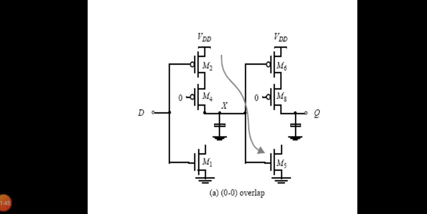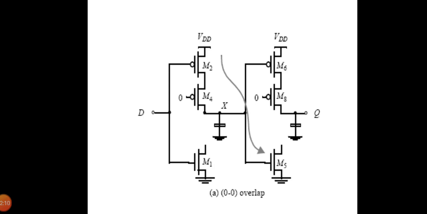In sum, it can be stated that the C-squared MOS latch is insensitive to clock overlaps because those overlaps activate either pull-up or pull-down networks of the latches, but never both of them simultaneously. If the rise and fall times of the clock are sufficiently slow, however, there exists a time slot where both NMOS and PMOS transistors are conducting.